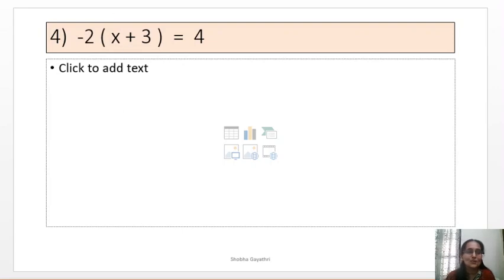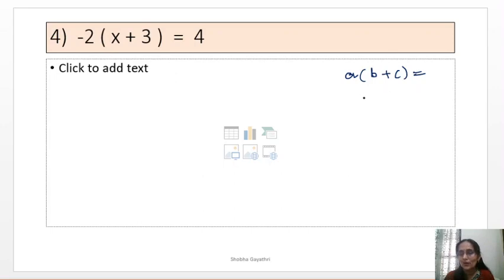We will explore one more type of sum with brackets. It is minus 2 into x plus 3 equals 4. You know the distributive property already, right? a into b plus c. How will you distribute your multiplication over addition? It is addition here in b plus c, x plus 3.